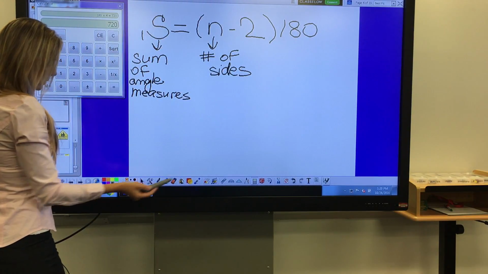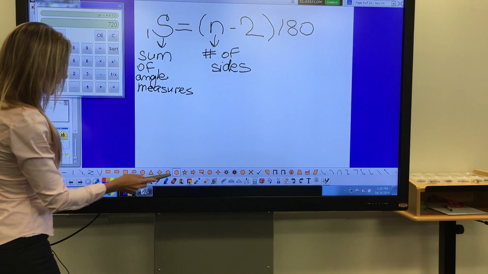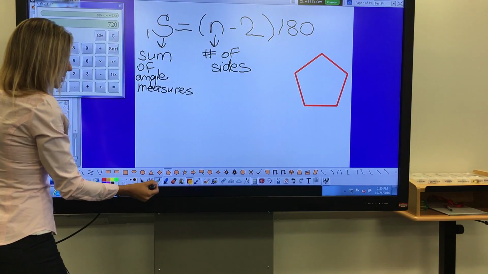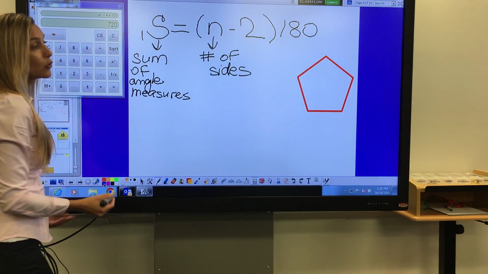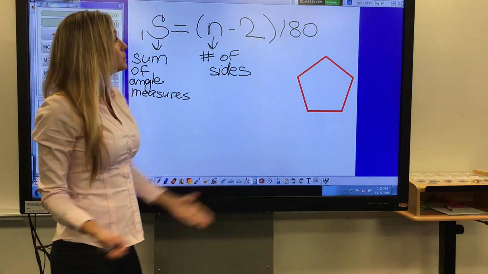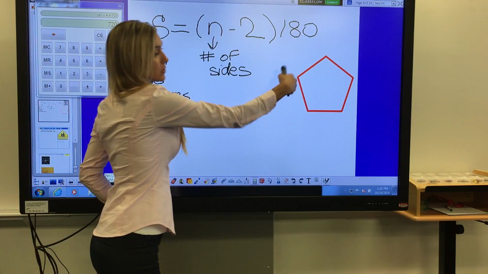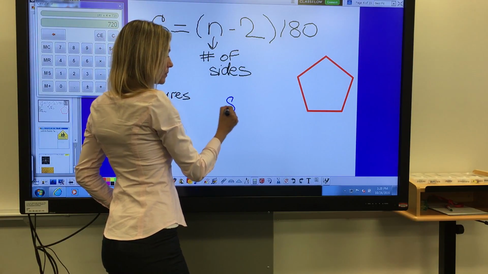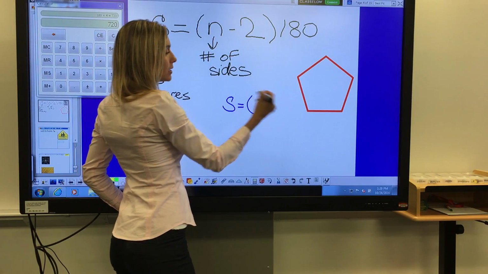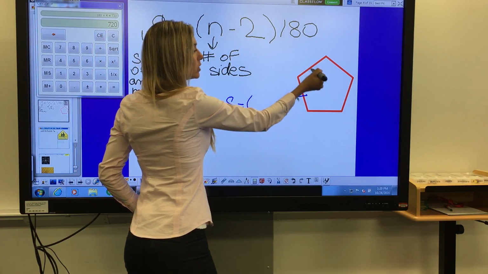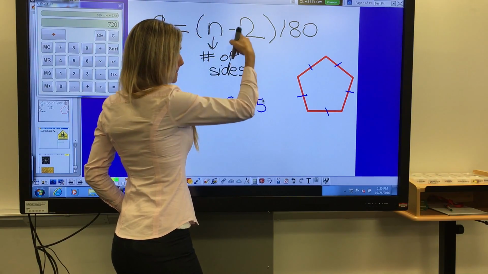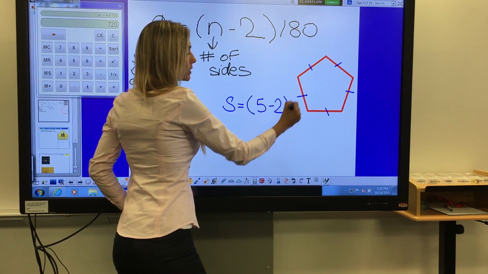So let's see what they mean. Let's pick a shape, let's say the pentagon. If I have a pentagon and I want to figure out the sum of all the angles inside it without drawing the triangles, S, which is the sum of all the angles, equals n, the number of sides. How many sides do we have? 1, 2, 3, 4, 5 sides, minus 2 times 180.